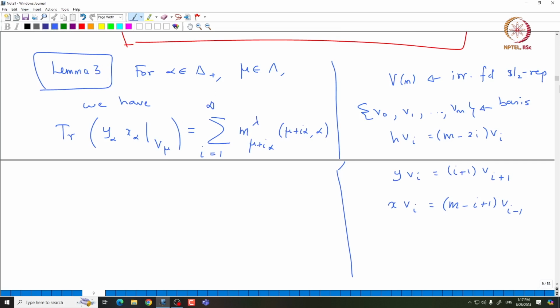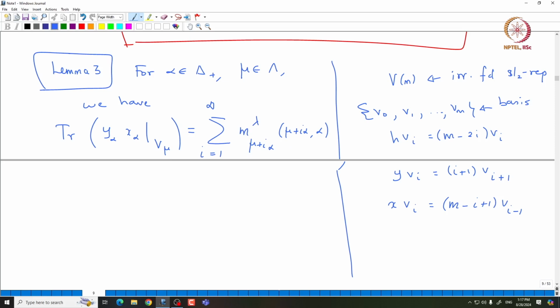For this purpose, first we need to construct some SL2 subrepresentation. You can see that the weights run through mu plus i alpha, i ranging from 1 to infinity.